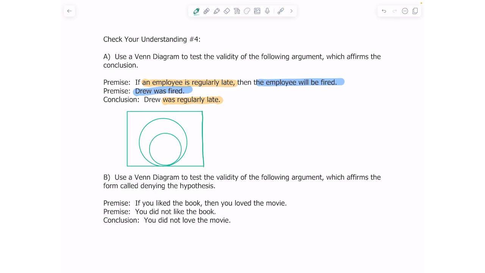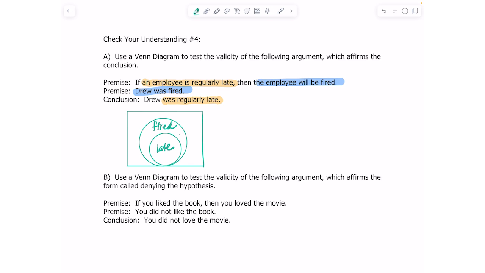Okay, so if an employee is regularly late, then the employee will be fired. So we know that anyone that's late is going to be fired, right? Okay, so here, Drew was fired, right? But it says Drew was regularly late.